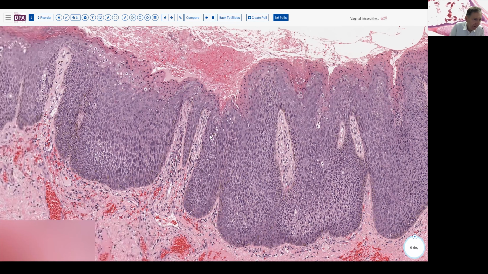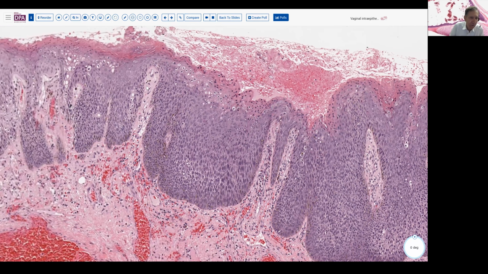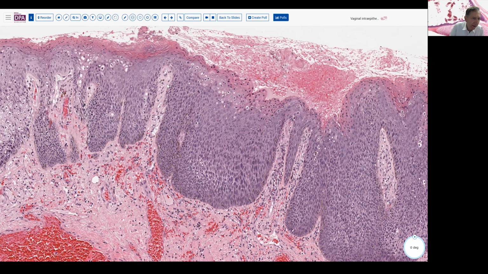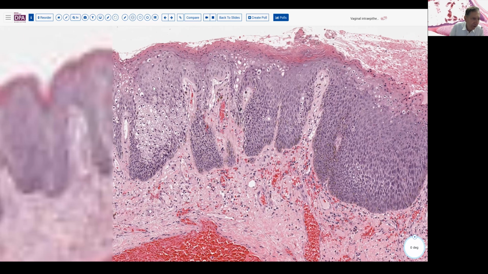Now, I still grew up, obviously, with mild, moderate, and severe dysplasias and CIN 1, 2, and 3, and so forth. So probably this would fit for me in a moderate dysplasia or a CIN 2 because you have some degree of maturation at the surface. But as we look elsewhere a little further in this lesion, we might even begin to wonder if this is a low-grade lesion.